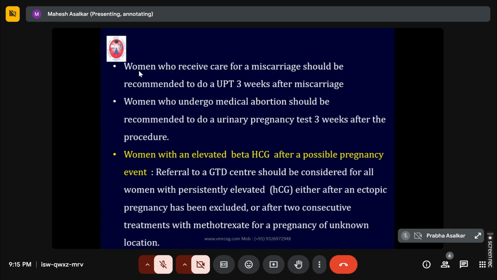First, you have to rule out ectopic pregnancy, and second, after 2 consecutive treatments with methotrexate for a pregnancy of unknown location. Okay, so these patients are to be referred to the GTD center. Even if you have given 2 methotrexate for pregnancy of unknown location and there is a persistent elevation of the beta HCG, you will refer this patient to the GTD center.